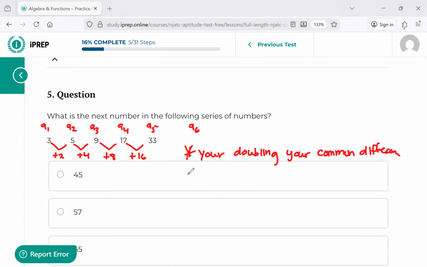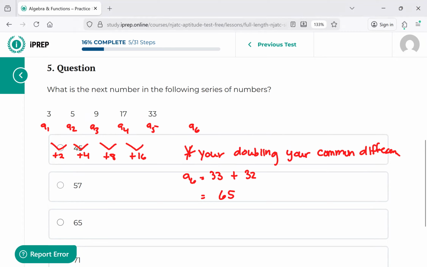So what do you think my sixth term is going to be? It's going to start from the last term, which is 33. And then our common difference is doubled, so instead of adding 16, we're going to add 32. So 33 plus 32 is going to be 65. Okay, so that is my sixth term, which is 65.